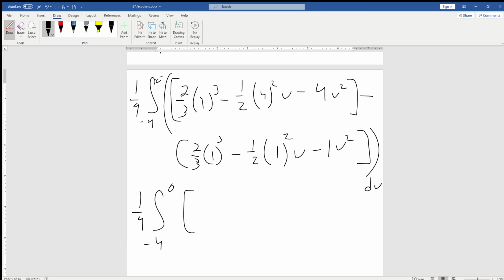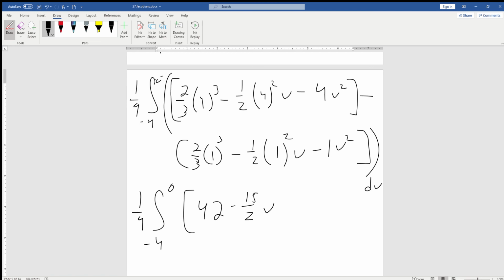We get 128/3 minus 2/3, which is 126/3, which is 42. We have negative 8v plus a half v, so that should be negative 15/2 v.